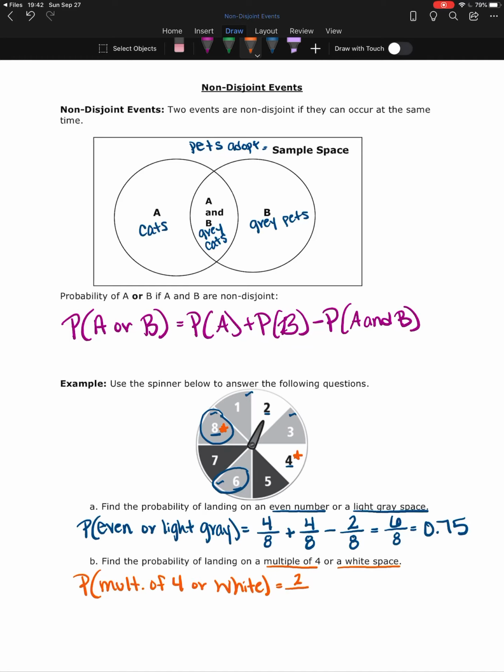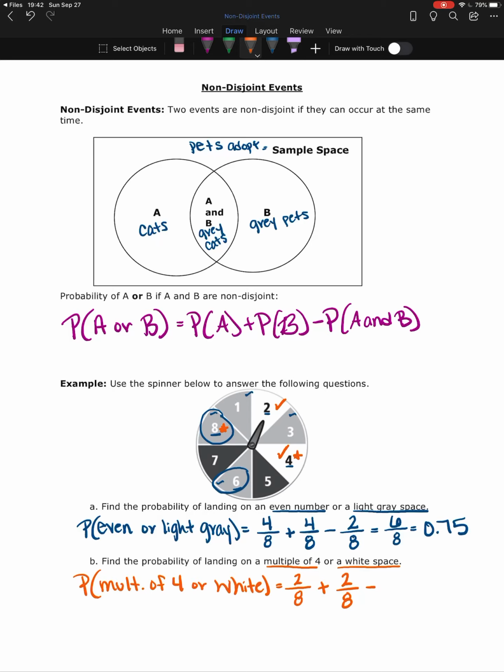So I have 2 out of 8 possibilities that are multiples of 4. Plus the white spaces. Here I have a white space and here I have a white space. So I have 2 white spaces out of the 8 total spaces.